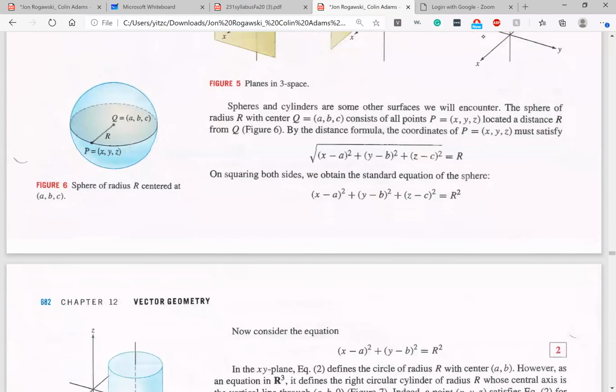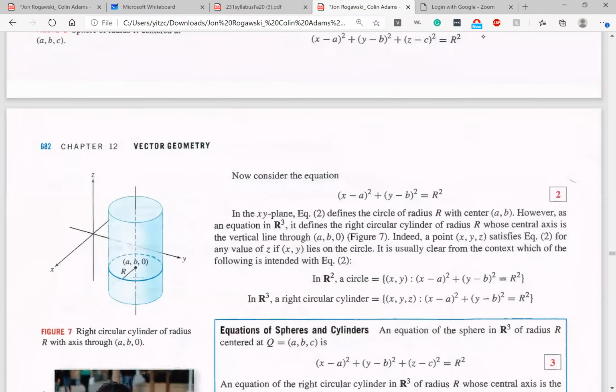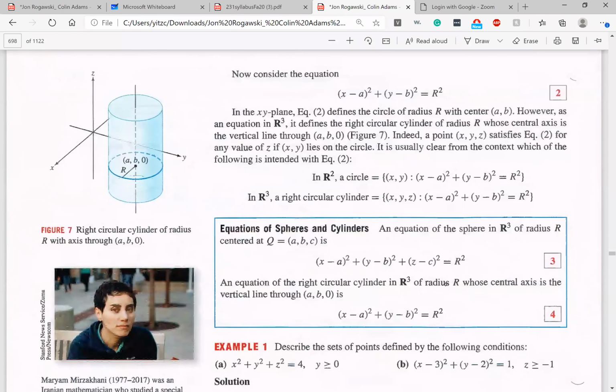And then the two very important surfaces are the sphere and the cylinder. So let's try to understand how we get these two equations.